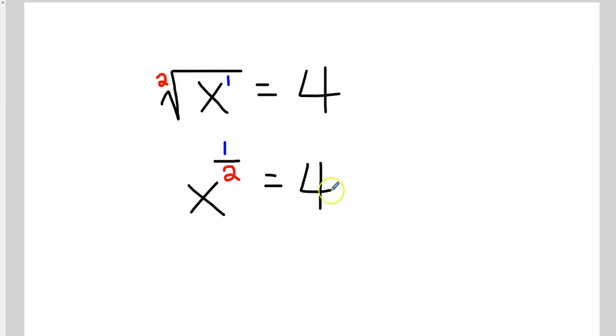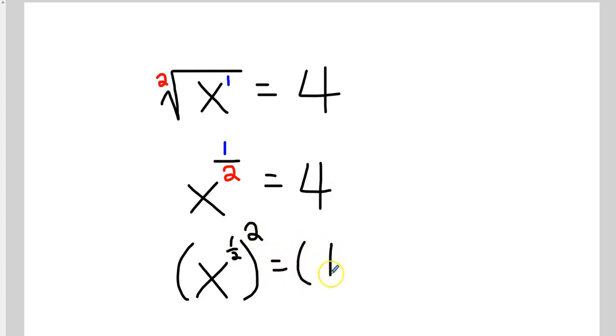The reason that this is helpful for us is our goal is to get x to the first power, not x to the 1/2 power. But to cancel out 1/2, I could multiply this by 2, right? So we're going to take everything on this side and square it. But it's an equation, so if I do it to one side, I have to do it to the other side.